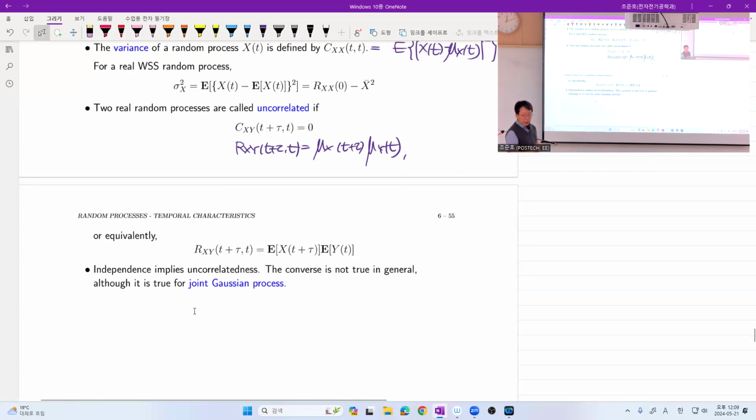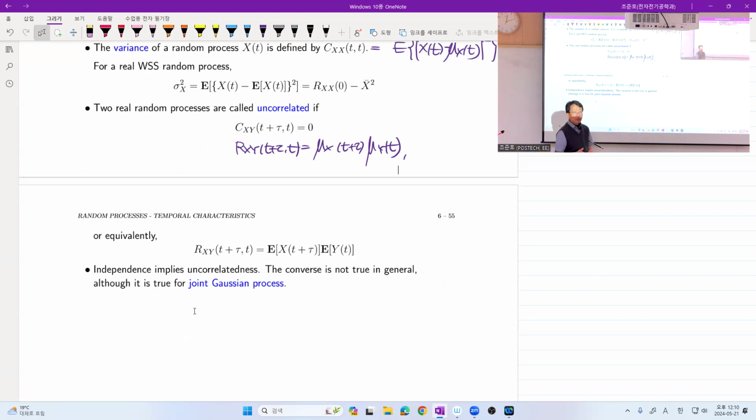Of course, again and again, independence implies uncorrelatedness even for two random processes. However, the converse is not true. Interestingly, if you have jointly Gaussian random processes, uncorrelatedness holds if and only if independence. However, when you have two complex valued random processes, then not just wide-sense stationarity, second order stationarity, that also assumes what?